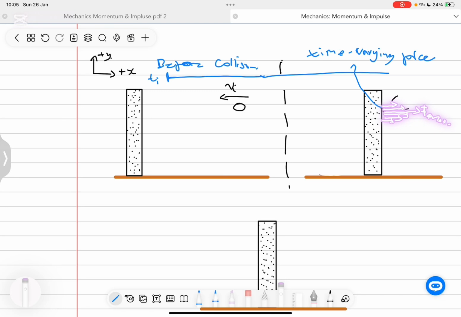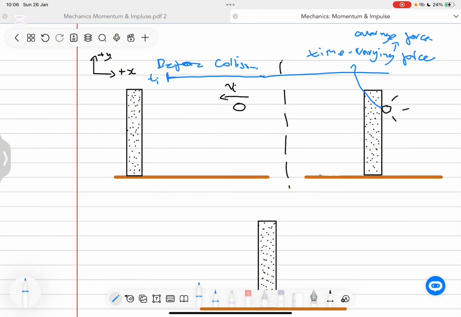All these forces, we then take an average of them to represent them by a single force. The time varying force will give us an average force of all those forces that the ball is experiencing.